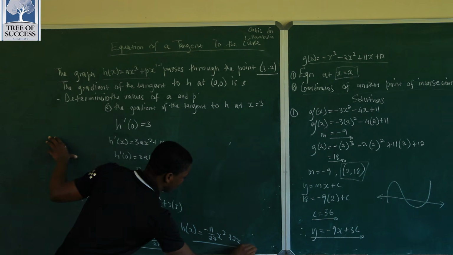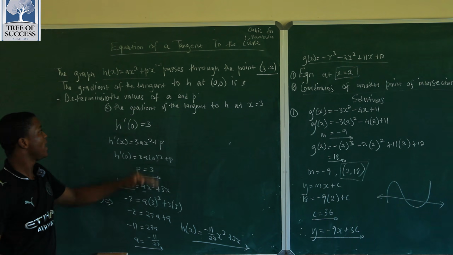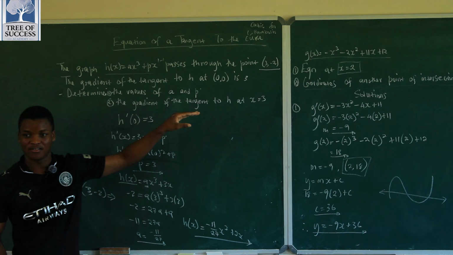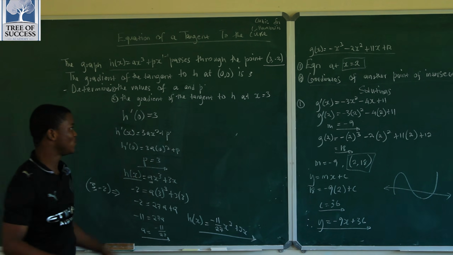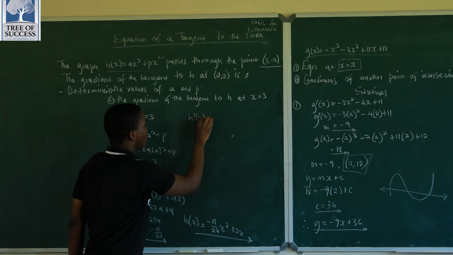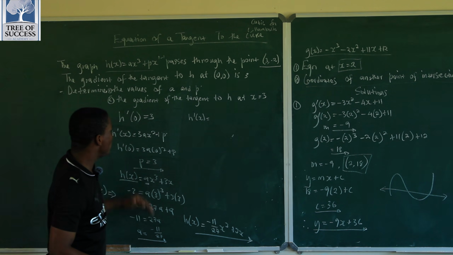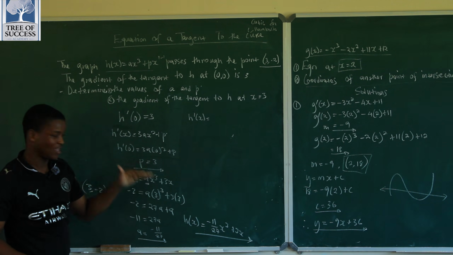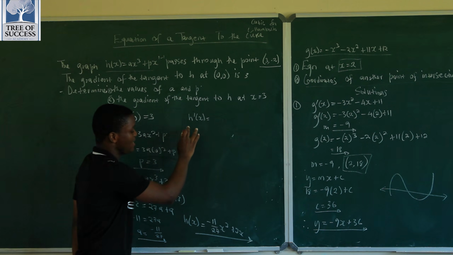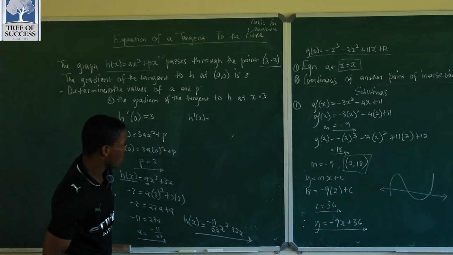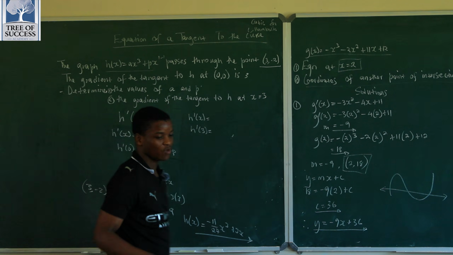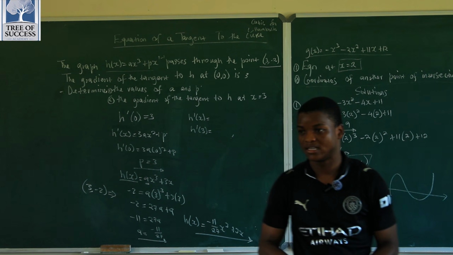Then from here, find the gradient of the tangent at x equals 3, right? We know what to do. So we find h prime of x, now not in terms of a and p, since we have the values of a and p. Then after finding the derivative of h, we will find h prime at 3. That is all this question says, right?